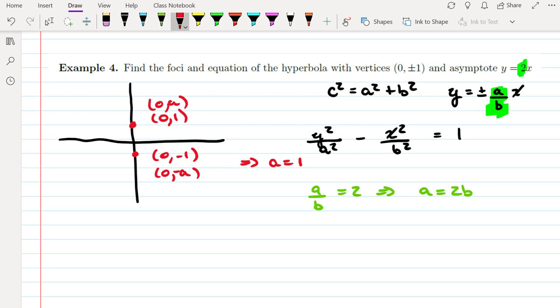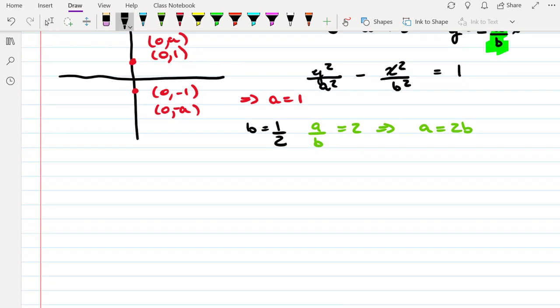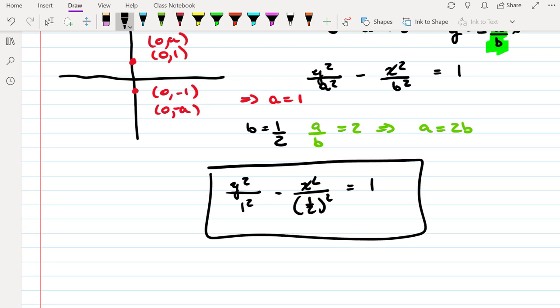If a is 1, then b has to be 1/2. So the equation is y squared over 1 squared minus x squared over 1/2 squared is equal to 1. And that would be the equation of our hyperbola.